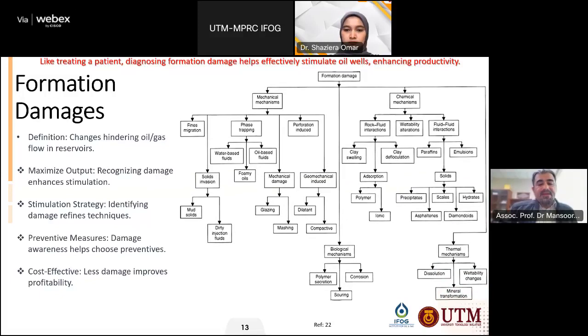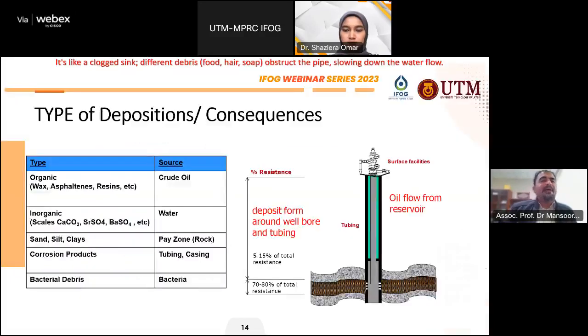Here in this chart, formation damage is classified into mechanical damage and chemical mechanisms. Then we are going to focus on the solids, which are precipitates and scale, in later slides, and we are going to dig into these kinds of solids. For types of depositions, this is a list of potential sources of formation damage in oil wells.